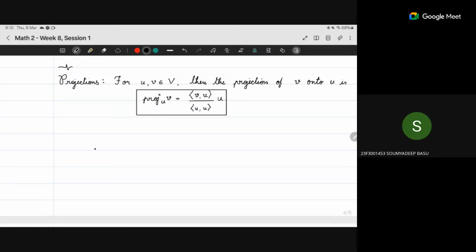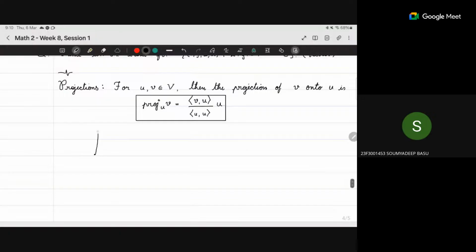Now we'll work only in R2. So you have a vector v, and suppose you have a vector u.